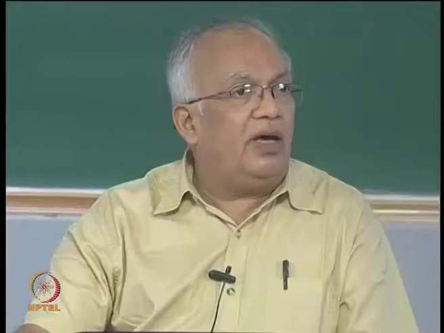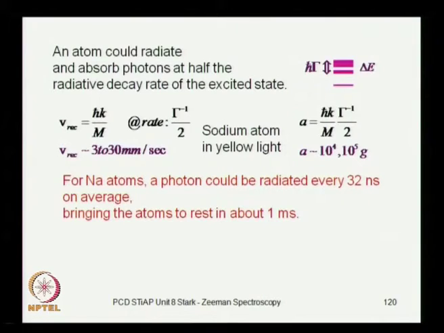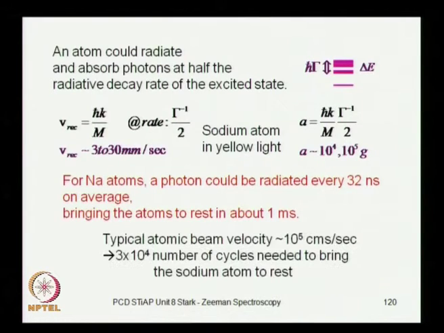So, the atom goes through very high accelerations because of this, and you can work out these numbers. If you have the sodium atom, a photon can be radiated at about every 32 nanoseconds on an average, and the atom can be brought to rest in about a millisecond.